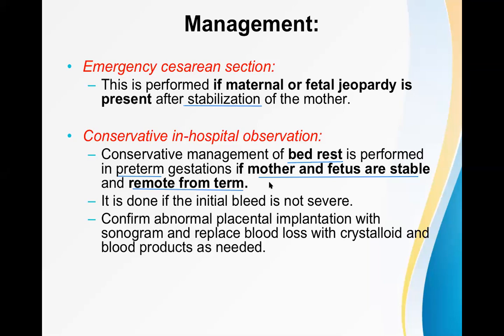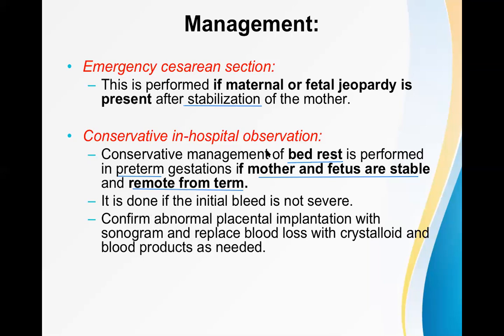Though the baby is still premature, there is very little chance of respiratory distress in the newborn. But before 34 weeks, there are so many problems. One, the baby is premature. Second, the baby will have difficulty breathing as well. So that's why 34 weeks of gestation is a very important landmark for the newborn baby.